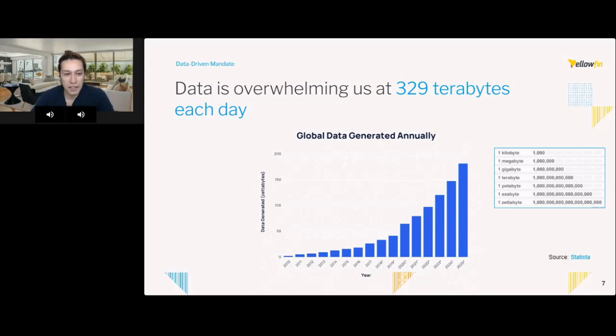And to put that in context, a zettabyte is 1 followed by 21 zeros of bytes. And it's astounding. And we're creating around 329 terabytes of data each day, which to me is mind-boggling when you think about how much data that we're all generating each day.